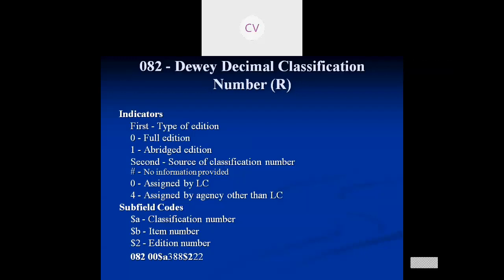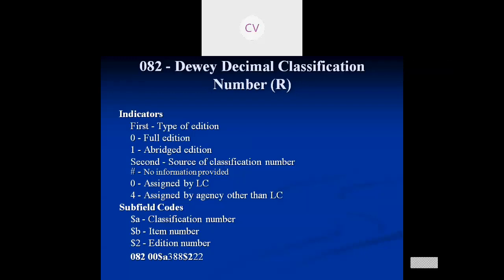So that is one way of classification or categorization of fields: mandatory, optional, applicable mandatory. Mandatory means it should appear in all the records. For example, 245. It is a mandatory field.